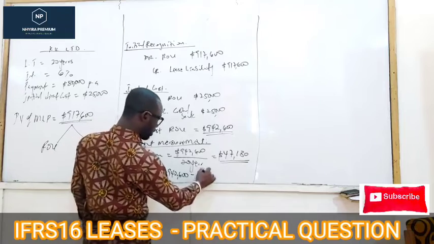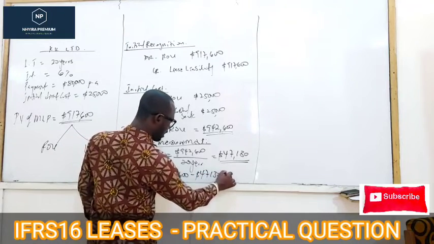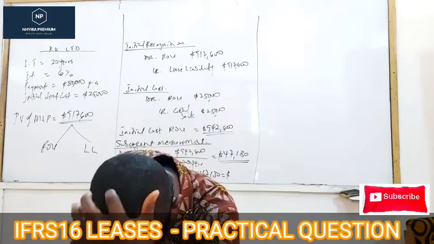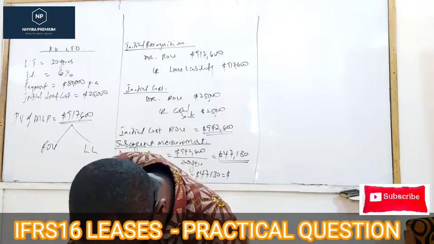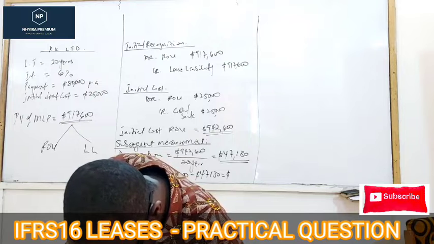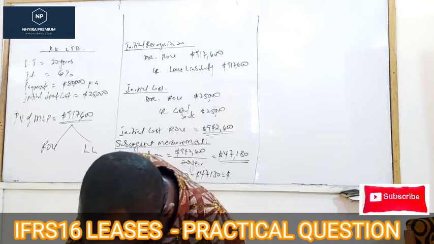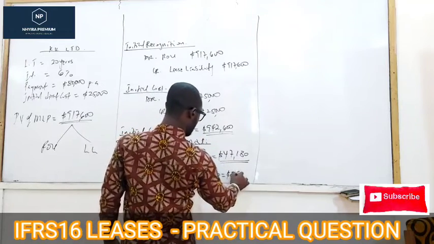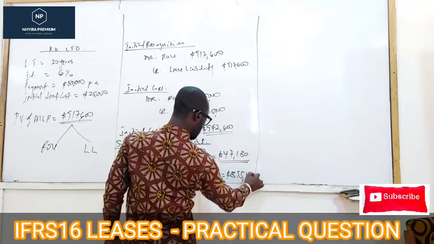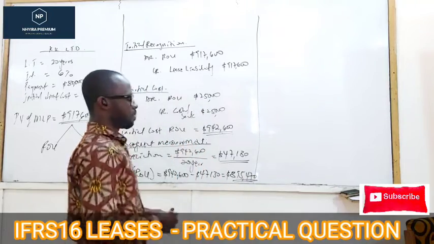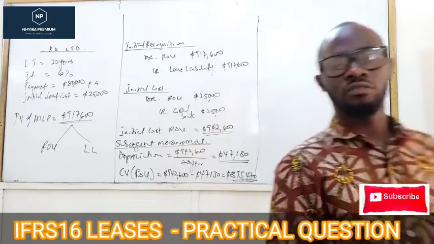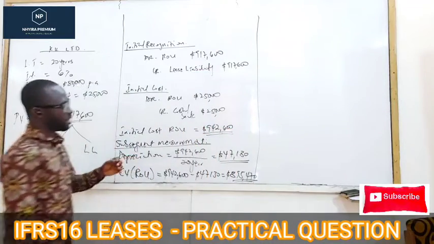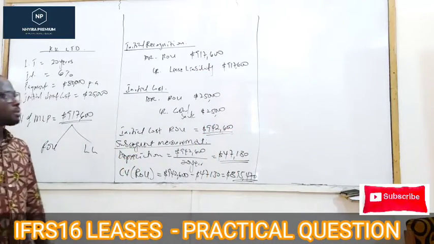Minus the depreciation of $47,130, and that should give us a carrying amount of $895,470. So that is the subsequent measurement for the right of use.